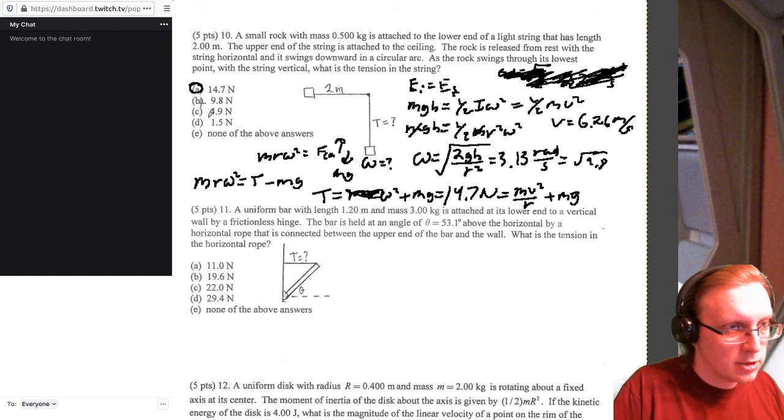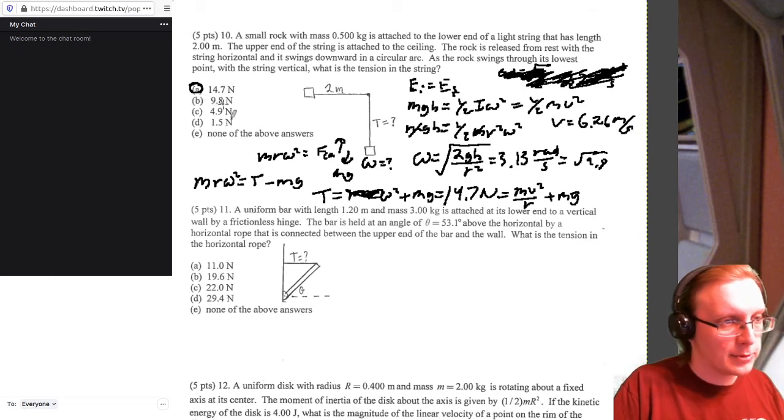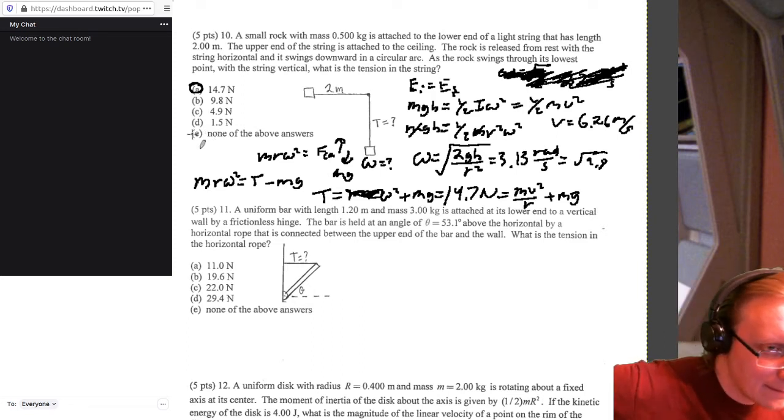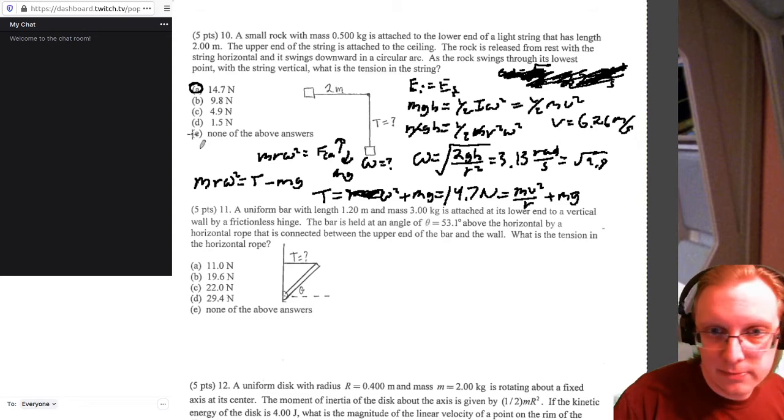So this is either for people who just take gravity, or people who just go for the centripetal force, and I don't know what the 1.5 is about. Anyhow, moving on.